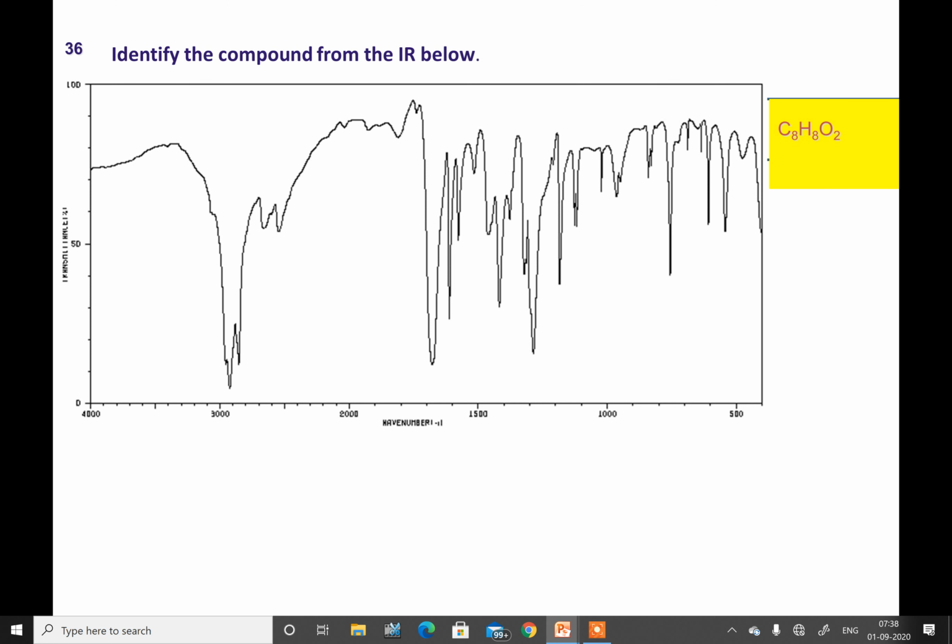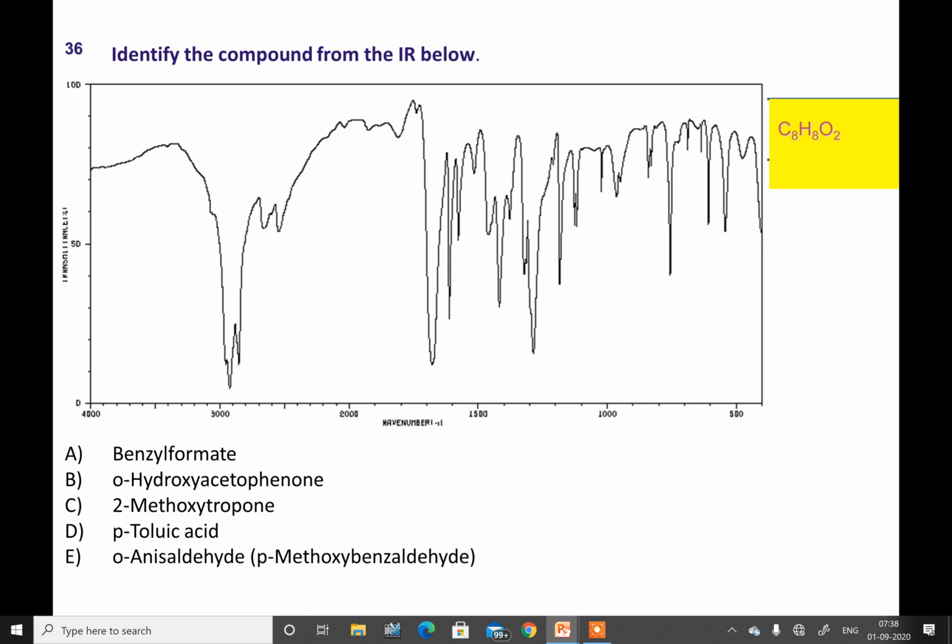Identify the compound from the IR below. Benzyl formate, ortho-hydroxyacetophenone, methoxytropone, para-toluic acid, ortho-anisaldehyde. Once again I go for the more diagnostic group, 1600 to 1700.